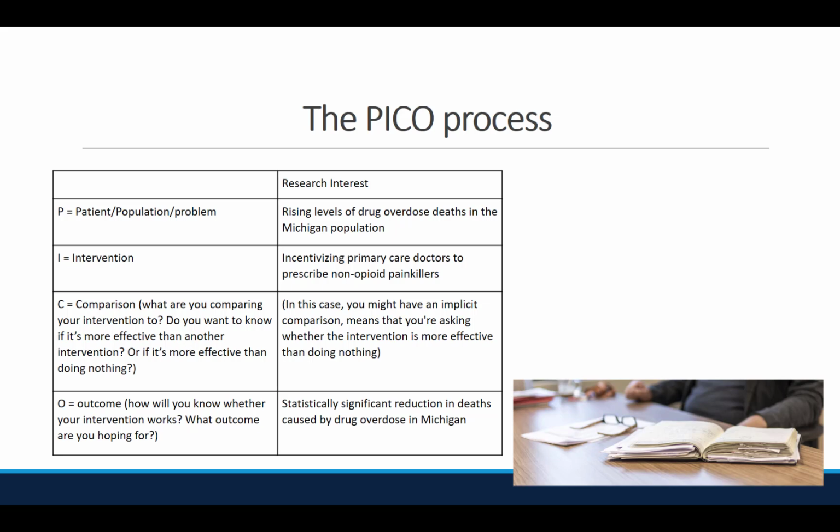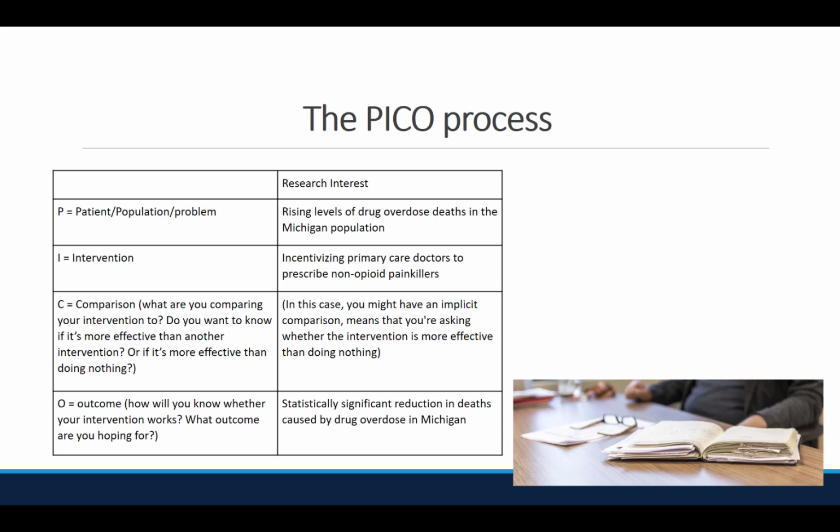So, for example, we could fill out the process to formulate a research question. Located on the right-hand side of the table are the research interest. On the left are the different pieces of the mnemonic. So for P, for the patient, population, or problem, we have that the research interest is rising levels of drug overdose deaths in the Michigan population.